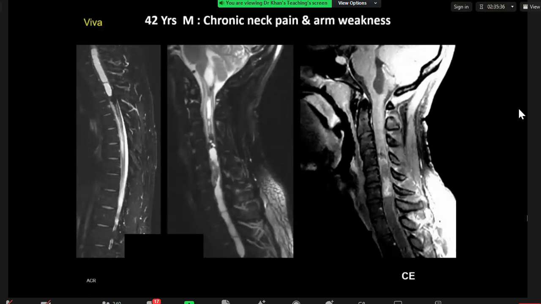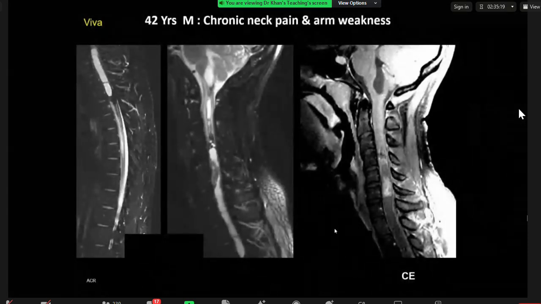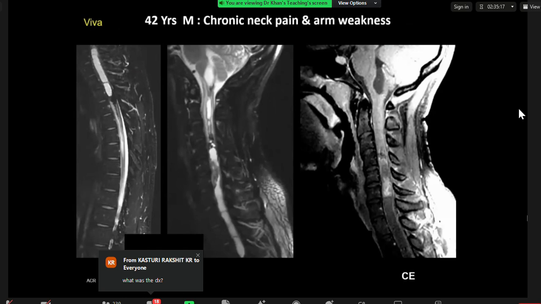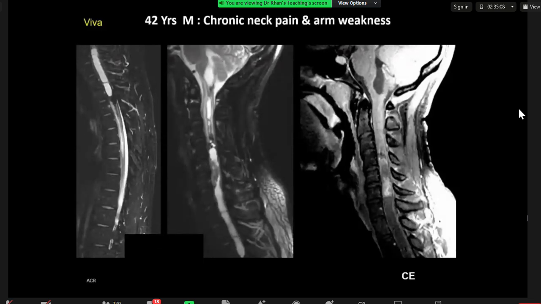Okay, selected sagittal images of the cervical and thoracic spine. I can see an abnormality in the cord where there is expansion of the cord with an intramedullary lesion. It's causing abnormal cord signal, and on the T1 weighted imaging I can see some high foci within.